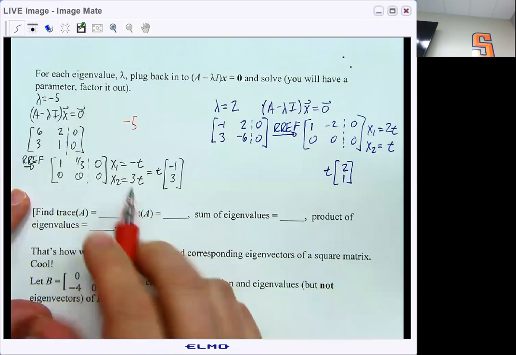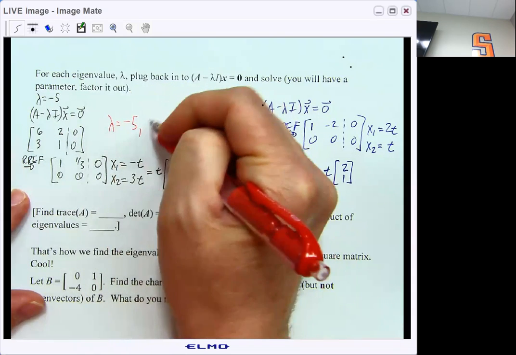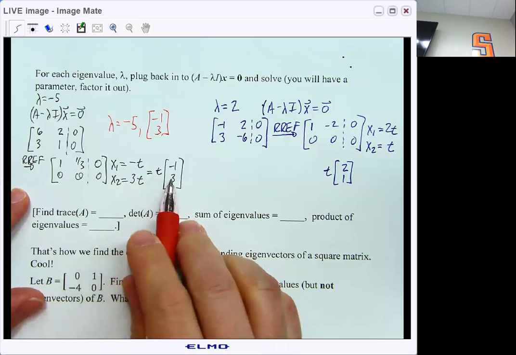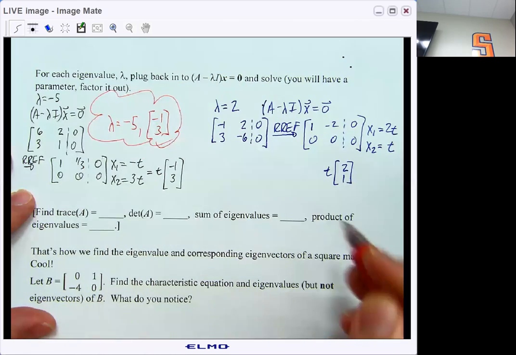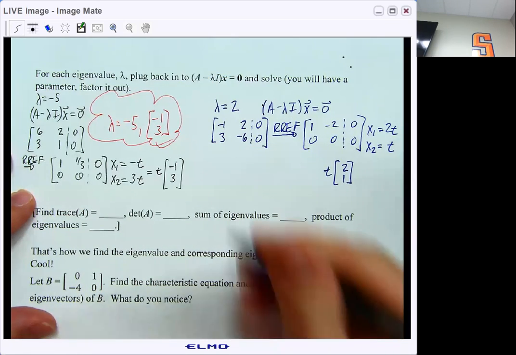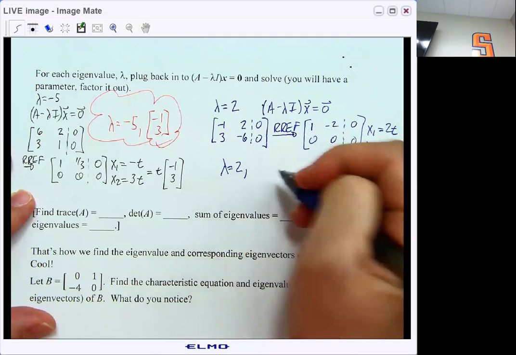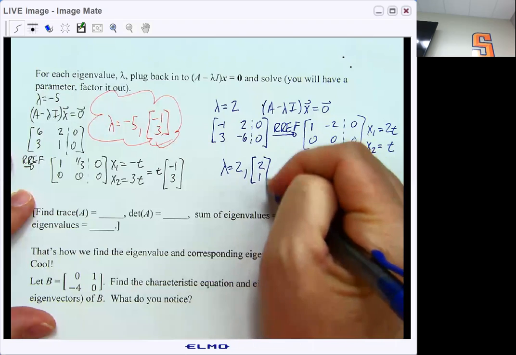So when lambda equals negative 5, that works, but it only works on scalar multiples of the vector negative 1, 3.